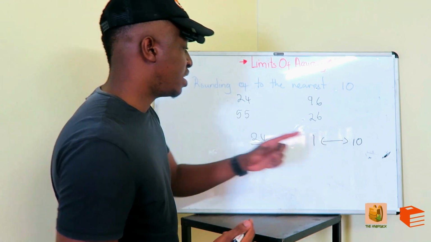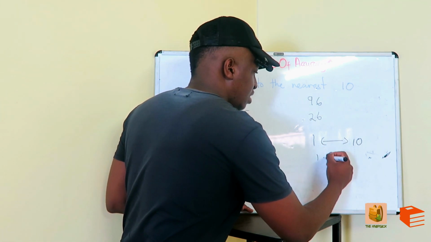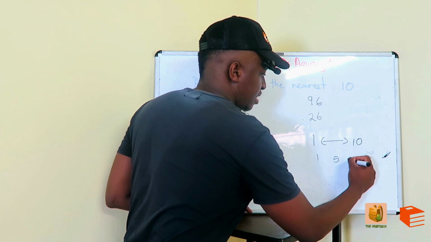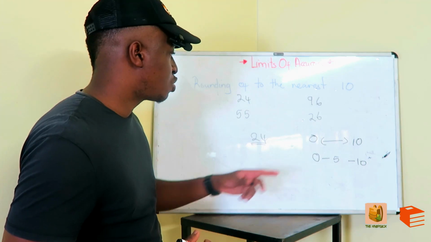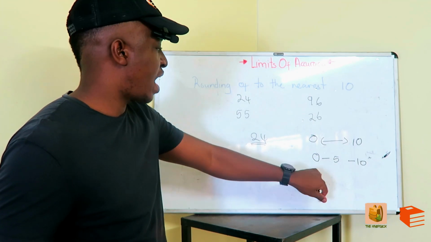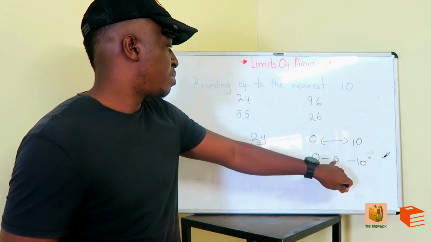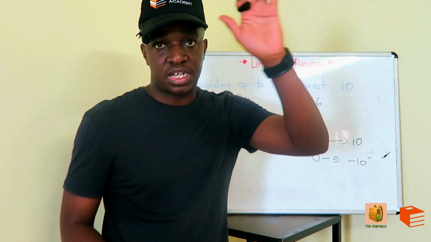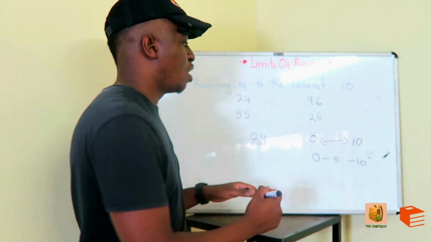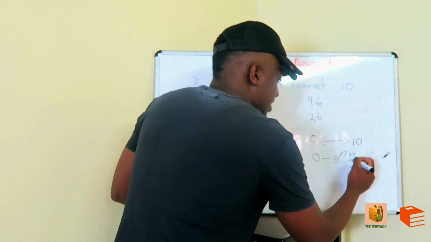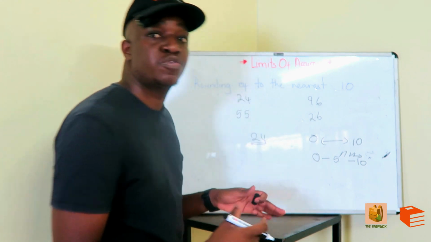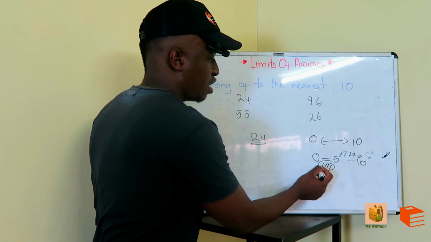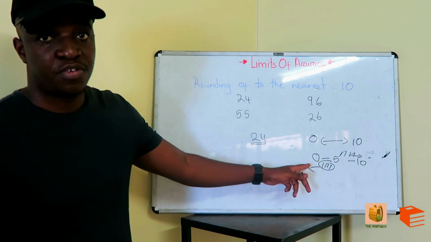Between 0 and 5, we have 1, 2, 3, 4. Between 5 and 10, we have 6, 7, 8, 9. When anything is in this upper section, you round it up to the nearest 10. If anything is in this lower section, you round it down to 0.